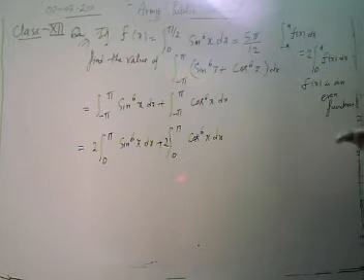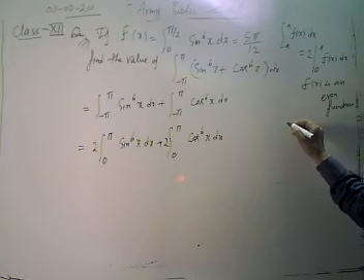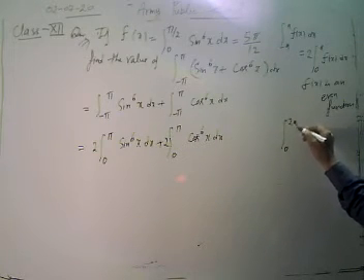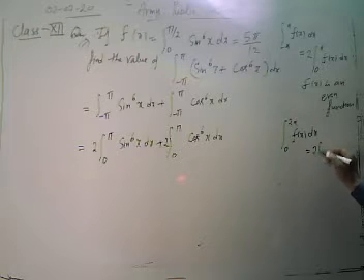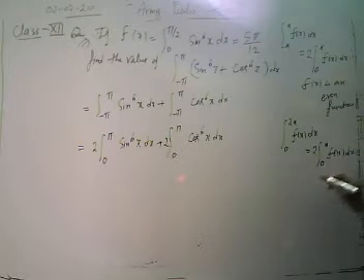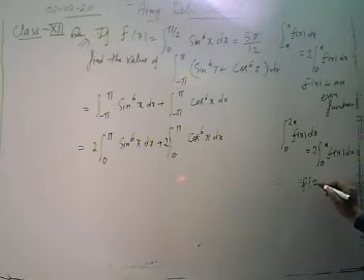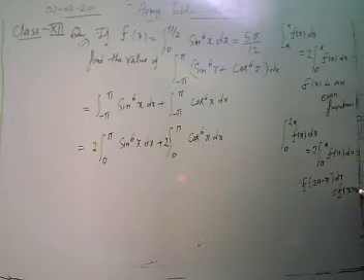Till now we used property 6, but now remember property number 7: the integral over 0 to 2a of f(x) dx is equal to 2 times the integral from 0 to a of f(x) dx when f(2a minus x) equals f(x).